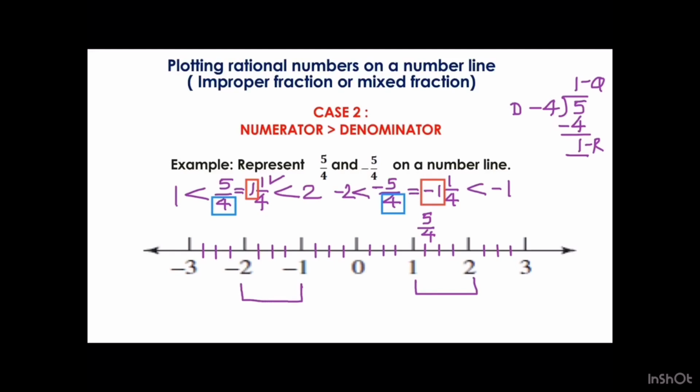And in minus 1 1 by 4, the numerator of the fractional part is 1. So minus 5 by 4 lies in this position. That is, we need to move 1 part to the left of minus 1. So in this way we represent 5 by 4 and minus 5 by 4 on a number line.